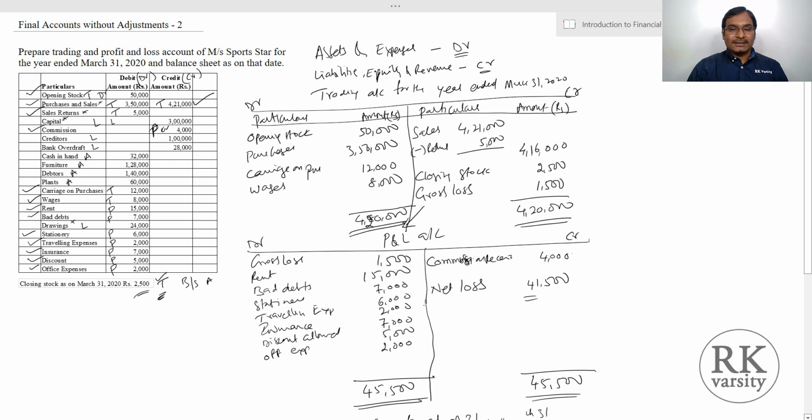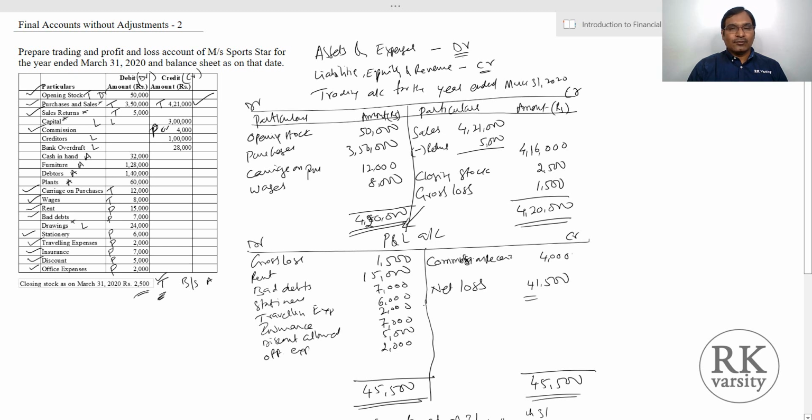In my next 2 lectures, I am going to explain how to prepare trading and profit and loss account when you have additional information or adjustments. In examinations, or in your career, or mostly in competitive exams, 100% of the final account problems will be with adjustments. Understanding them becomes a little complicated.